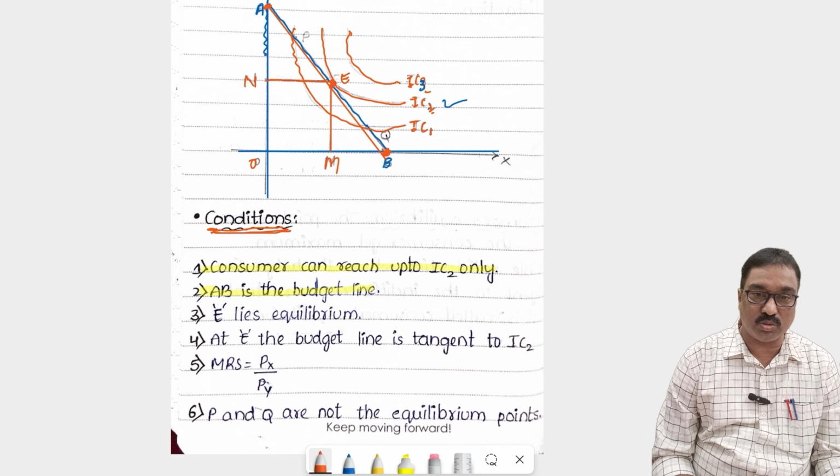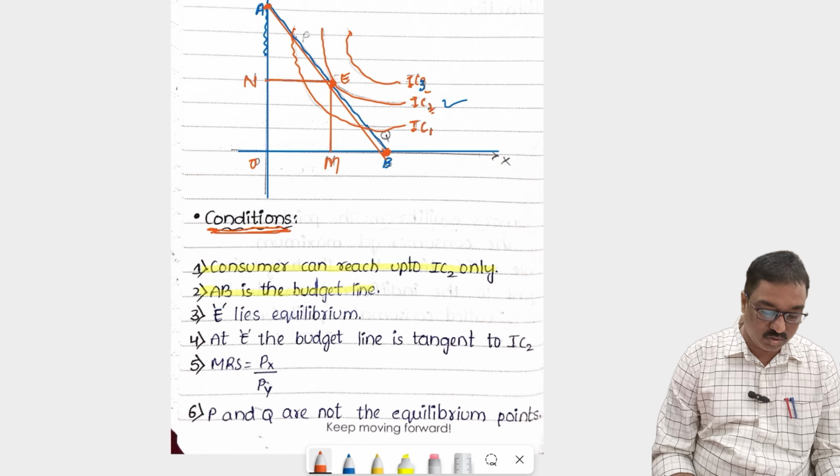If we have 100 rupees, how many X goods are we able to purchase, and how many Y goods are we able to purchase? The budget line always shows the possible combinations of purchasing the two goods.